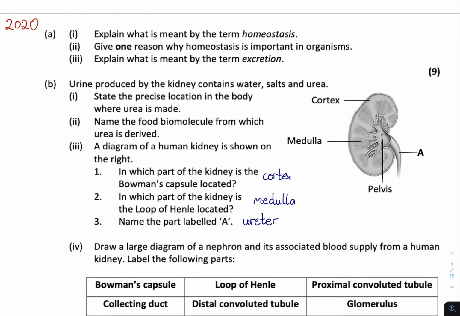So starting off, you're asked to explain what is meant by homeostasis, give one reason why homeostasis is important in organisms, and explain what is meant by the term excretion. Now, whenever they ask for explain what is meant by, really they're just asking you to give the definition. Define homeostasis. Define excretion. So let's have a look at part A there.